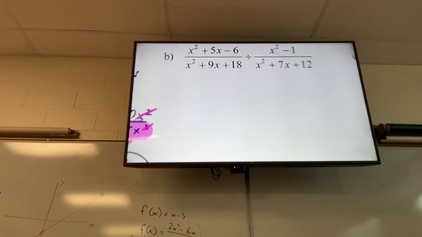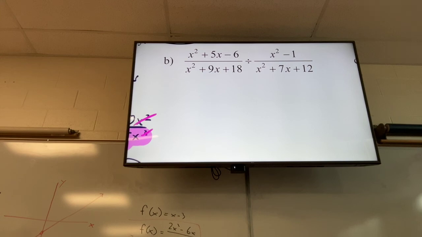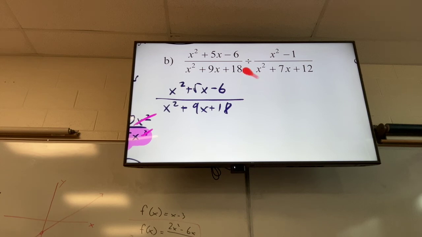Let's do B real quick, okay? So instead of having a division, we just change it right off the bat. Instead of dividing by this second fraction here, we're going to multiply by its reciprocal. Okay?